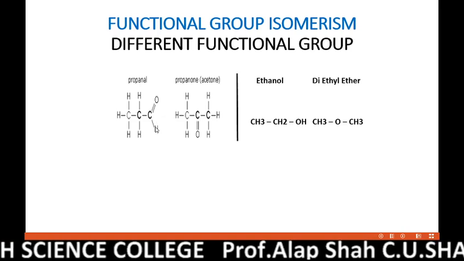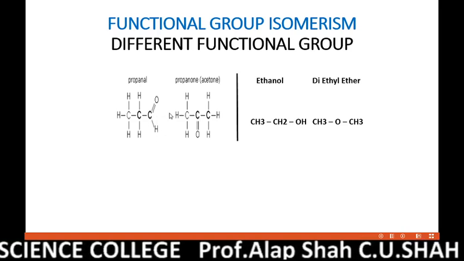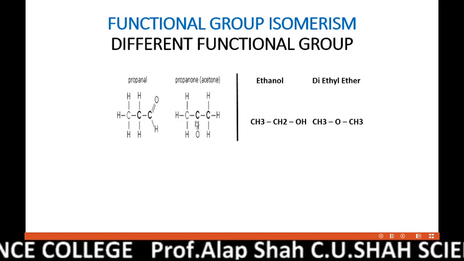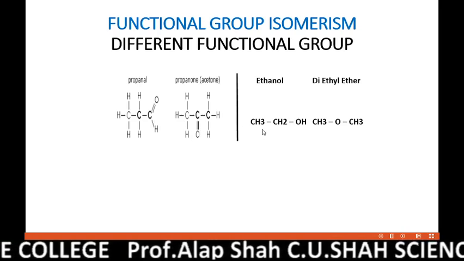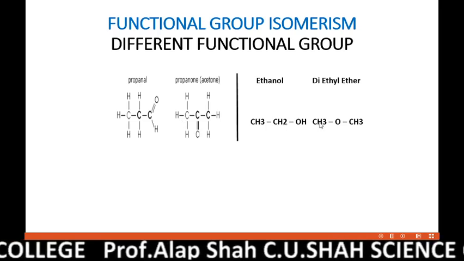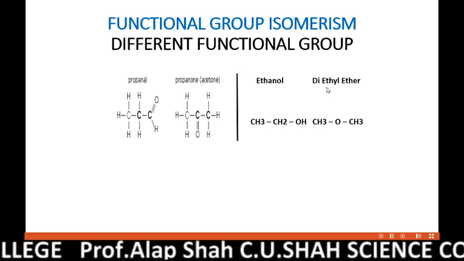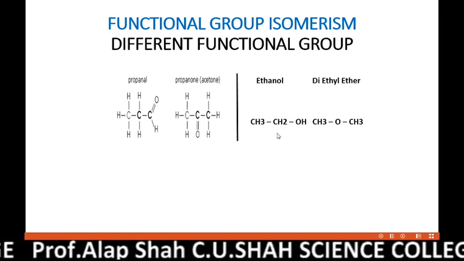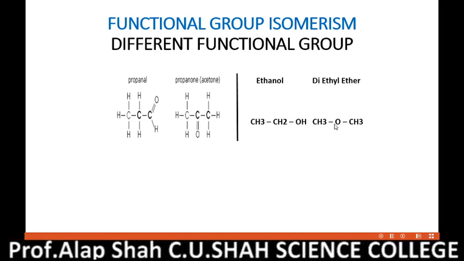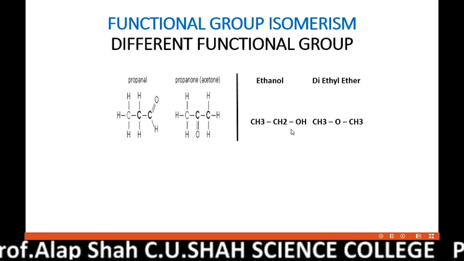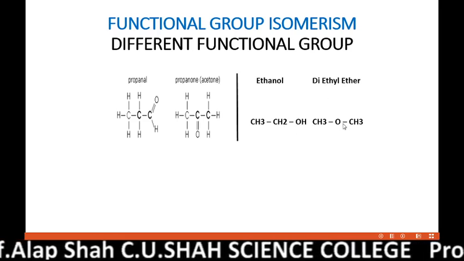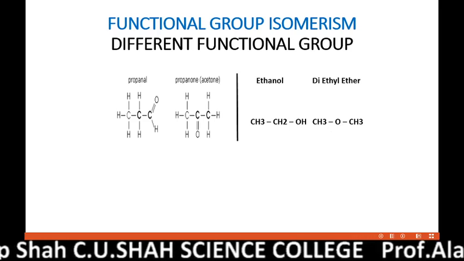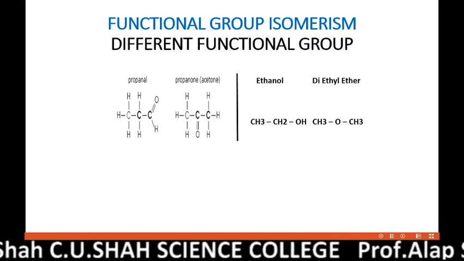See, propanal has the functional group aldehyde, while propanone has ketone, but both share the same molecular formula. Similarly, ethanol and dimethyl ether, by mistake the name is written wrong, it is dimethyl ether. Both have molecular formula C2H6O, but one is an alcohol, with a hydroxyl group, and the other is an ether. So these are compounds with the same molecular formula but different functional groups.